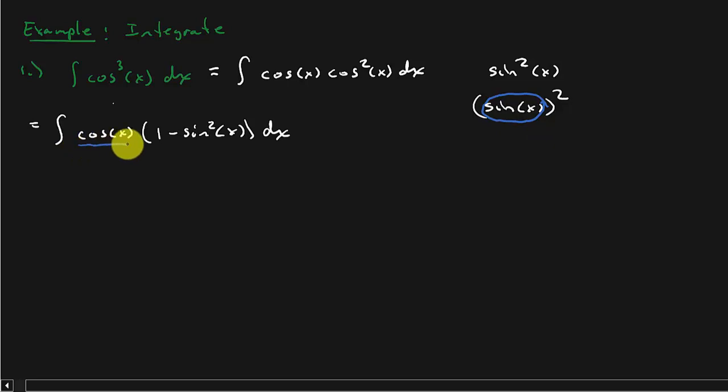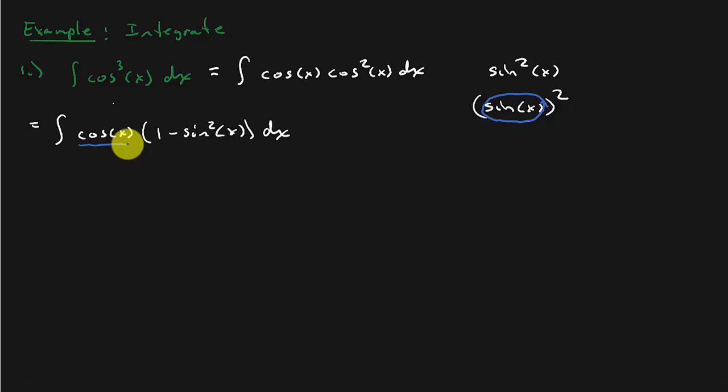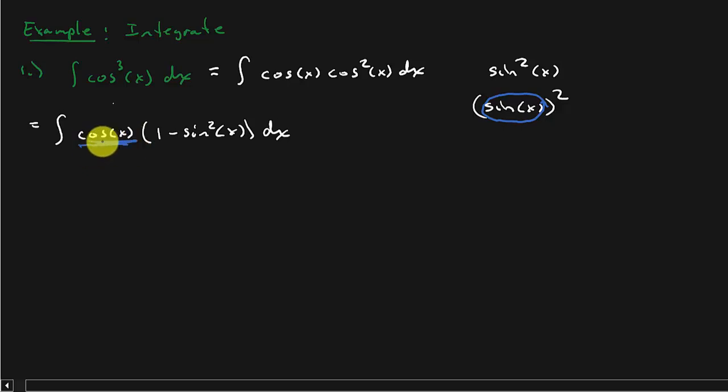And you see how that cosine is out here? So I'll be able to use u substitution. Remember, if you have something in parentheses raised to a power, and you let u equal what's in those parentheses and take the derivative, and it's outside here, we can use u substitution, and that's basically what we're trying to get at.